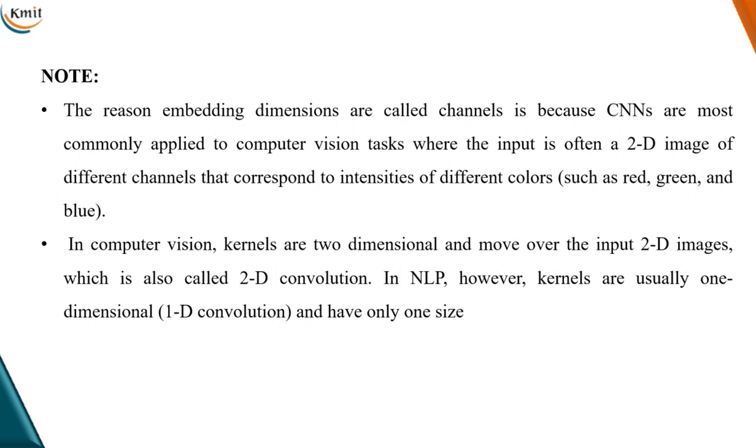Also, in computer vision, kernels are 2-dimensional and move over the 2D input images, which is called 2D convolution. In NLP applications, however, the kernels are usually 1-dimensional and have only one size, or you can go for 2D, or in more advanced applications, you can also go for 3D.